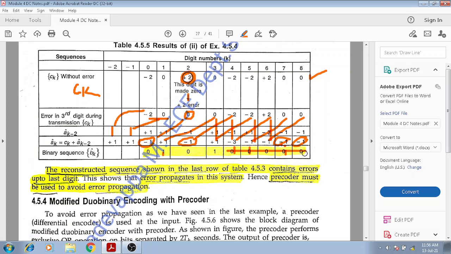And this is the disadvantage, or the drawback, of the modified DO binary encoder without precoder. If you don't use a precoder before performing the encoding, this will happen. So in order to overcome this drawback, we have to go for the precoding operation, or differential encoding, before we perform the DO binary encoding.